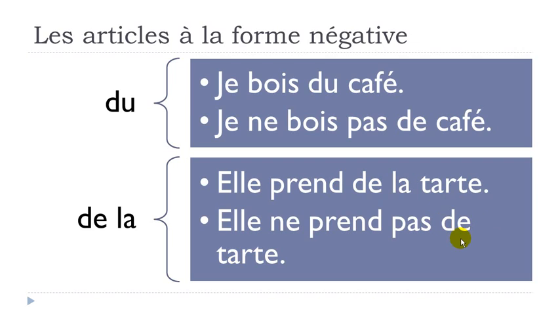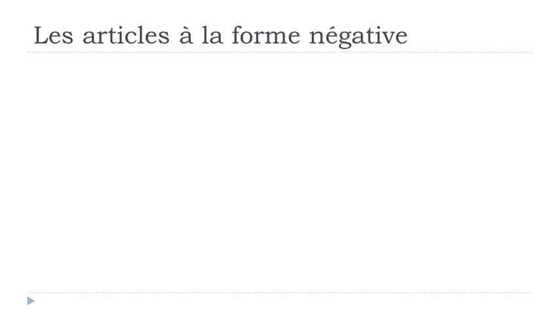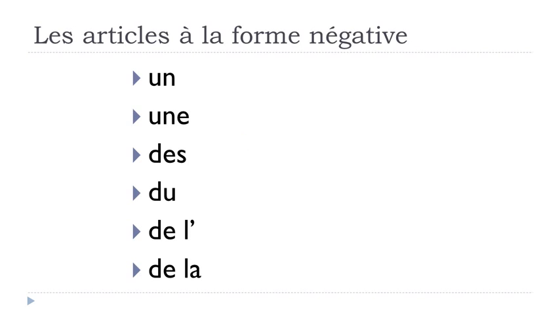All right? So what can we say if we've got un, une, or then des? So what we saw previously, so this article indéfini, or then if we've got du, de la, as we saw previously, so what we call les partitifs.